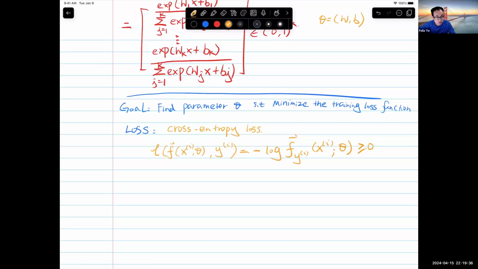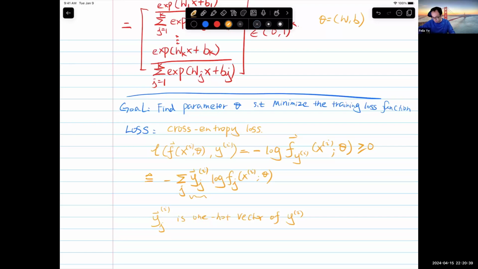By definition, the cross entropy is defined like this: minus the sum over j of y_j^(i) log of f_j(x_i, theta). Here y is the one-hot encoding of y_i, the one-hot vector. Basically, only the y_i entry is equal to 1, and everything else is 0.